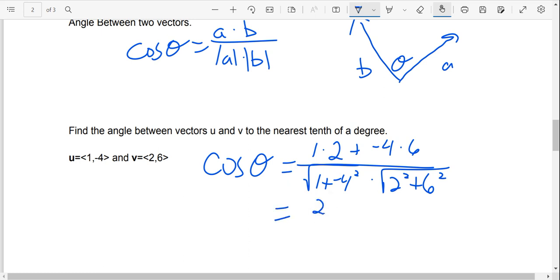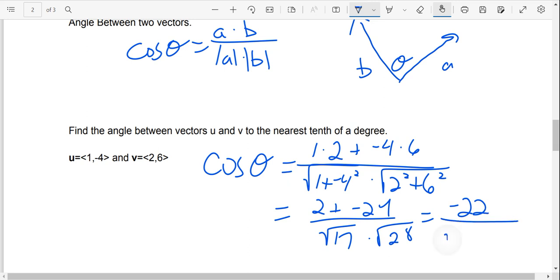We're going to get 2 plus negative 24 up top over the square root of 17 times the square root of 28, which will get you negative 22 over root 17 times root 28.